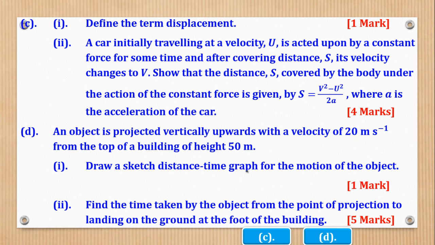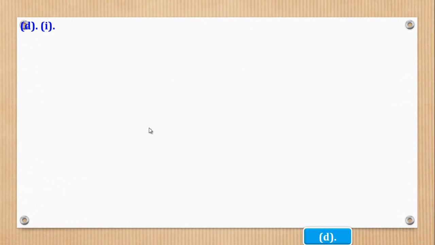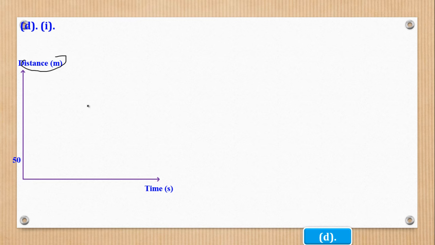So they want you to sketch the distance time graph for the motion when a body is thrown vertically upwards, and it moves upwards and then comes back to the ground. So you shall need the axes and label them. They said distance time graph, so distance is vertical, time is here. They said it starts from a cliff.